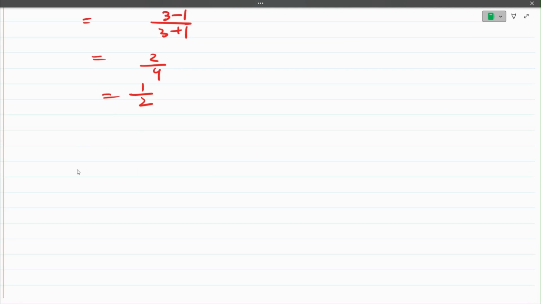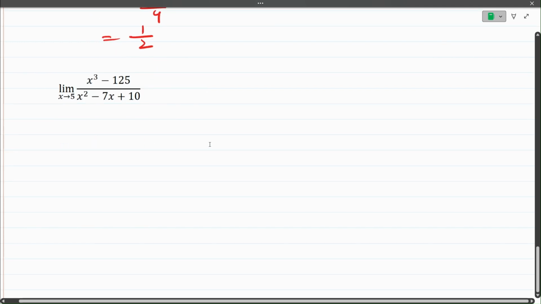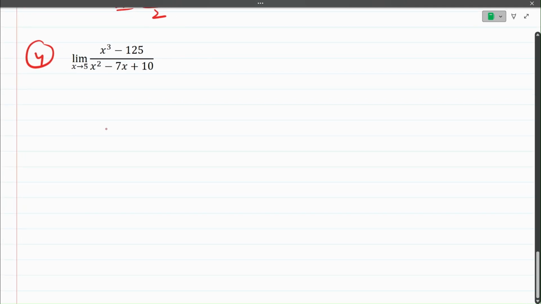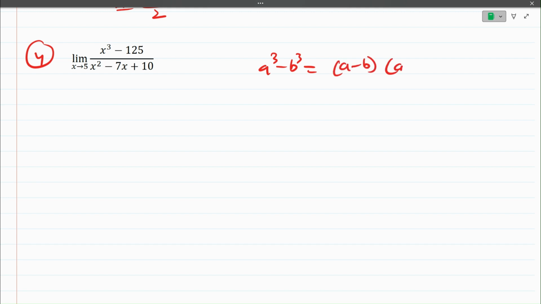You can practice with me, you can pause the video, then try yourself. This is limit x tends to 5, x to the power 3 minus 125 over x squared minus 7x plus 10. We'll factorize both numerator and denominator. In the numerator, we'll use the identity a cube minus b cube, which is a minus b, a squared plus ab plus b squared. So this is x cube minus 5 cube.